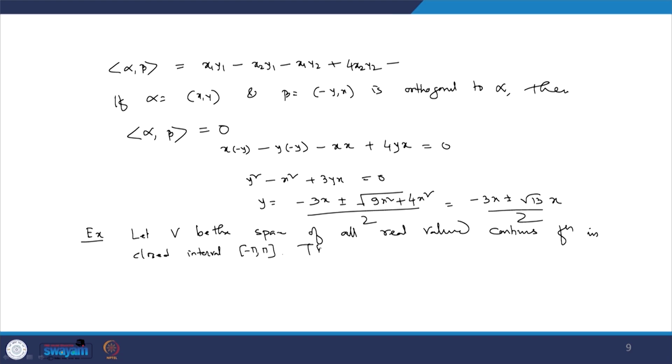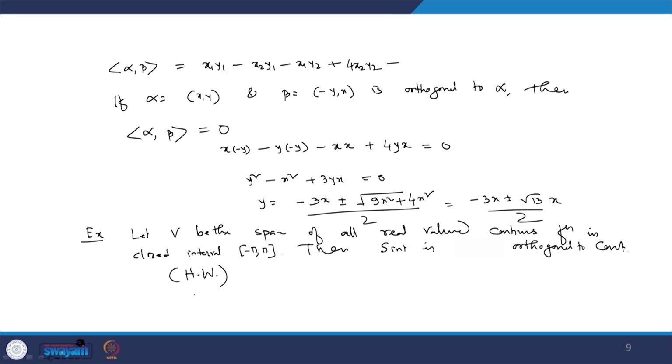Then sin t is orthogonal to cos t. This you can check as homework.